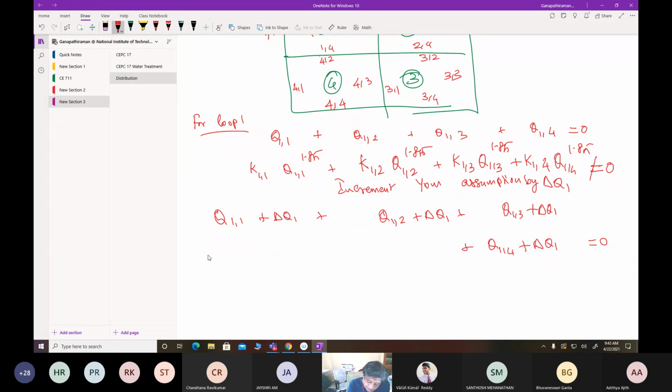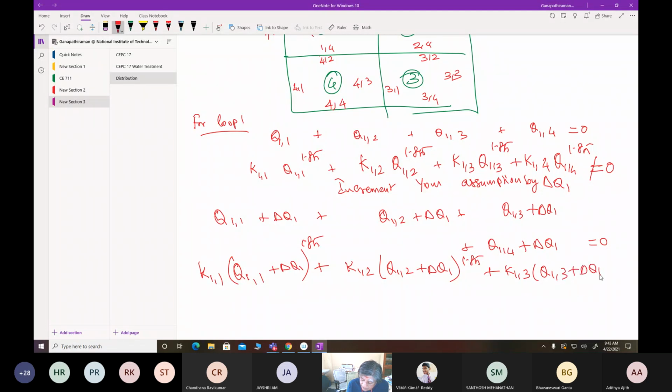Now I will find out the new H11: K11 (Q11 plus delta Q1) to the power 1.85 plus K12 (Q12 plus delta Q1) to the power 1.85 plus K13 (Q13 plus delta Q1) to the power 1.85 plus K14 (Q14 plus delta Q1) to the power 1.85 is equal to 0.